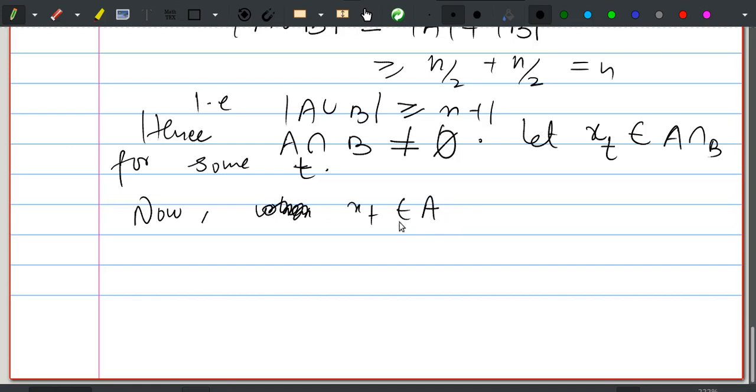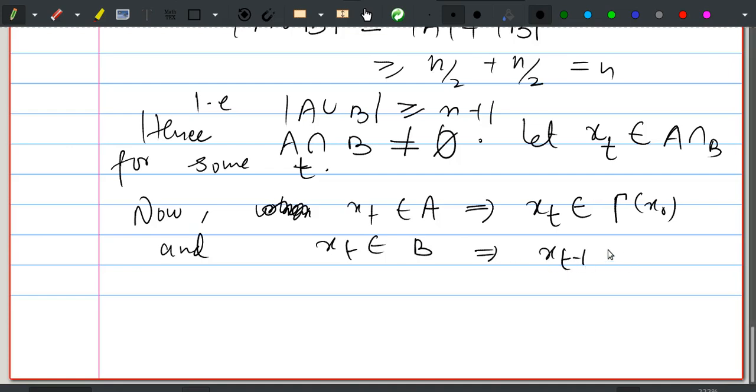It implies that xt is a neighbor of x naught. And xt belongs to B implies xt minus 1 is a neighbor of xl. This means xt is adjacent to x naught and xt minus 1 is adjacent to xl.